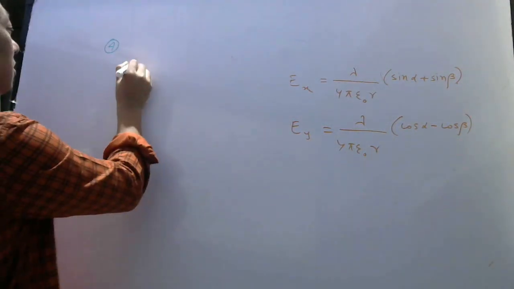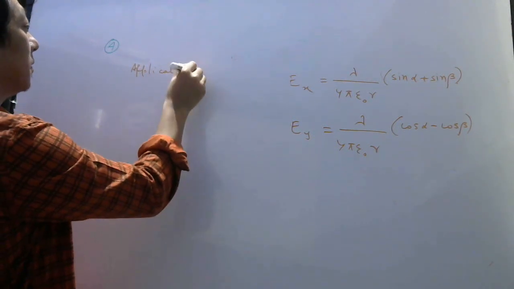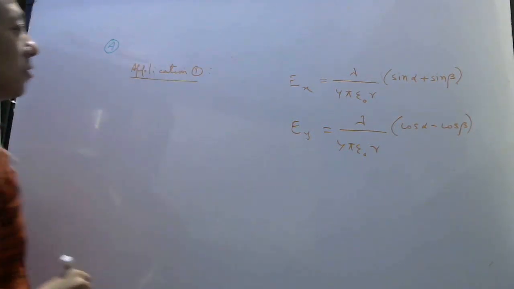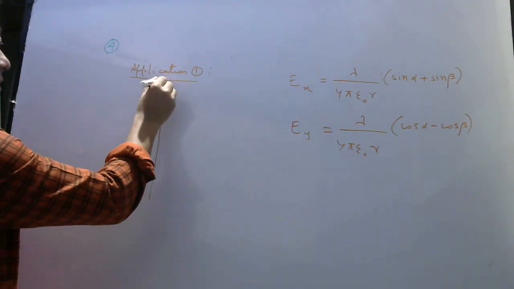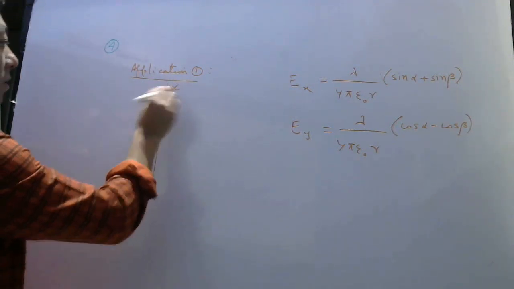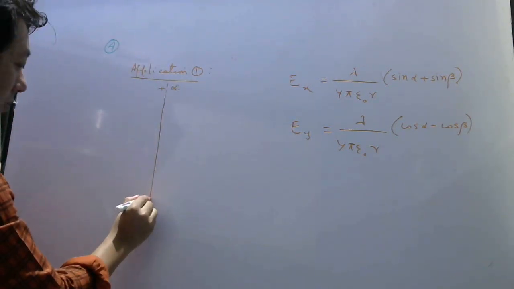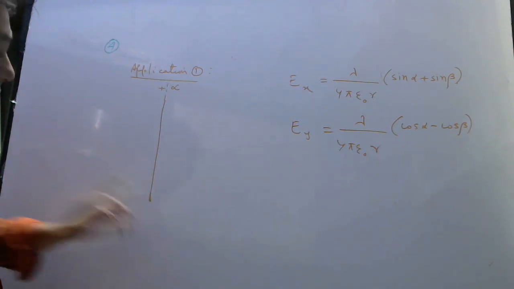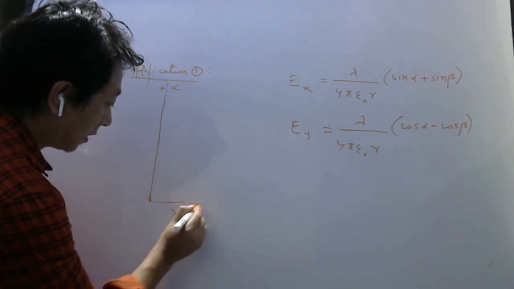Now let us apply this to one sub question, okay? Application 1, okay? So imagine I give you a line charge which is infinitely long this side. So it is going up to plus infinity, but this is not going to infinity. This is here, and I want electric field here at some distance r.